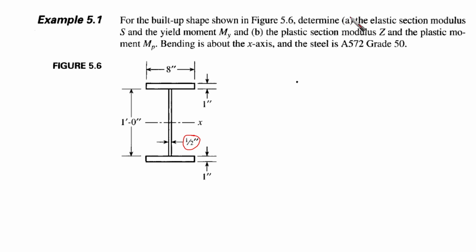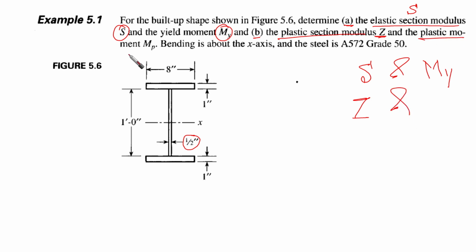Determine two things, A and B. For A, the elastic section modulus, which is S, and the yield moment. So we want S and M yield. The second is we want the plastic section modulus, which is Z, and of course the plastic moment, which is MP, for the same cross section.